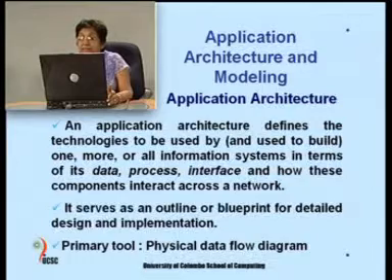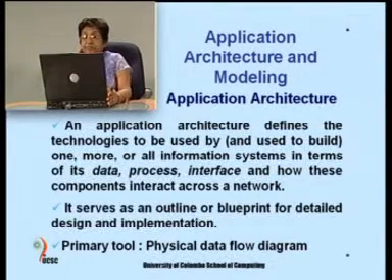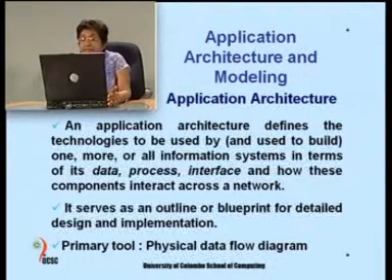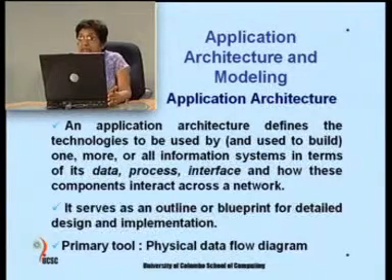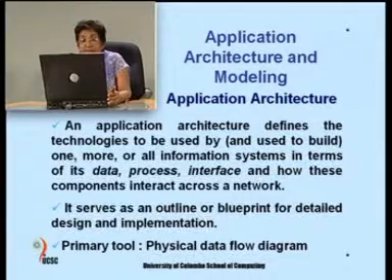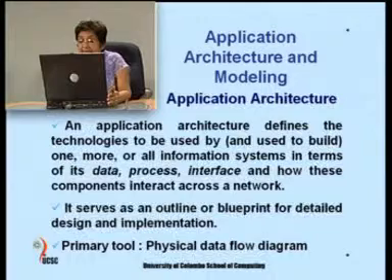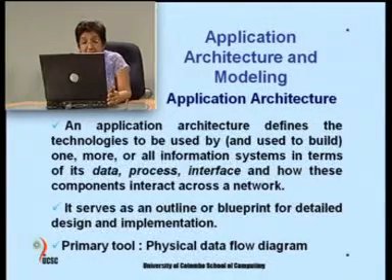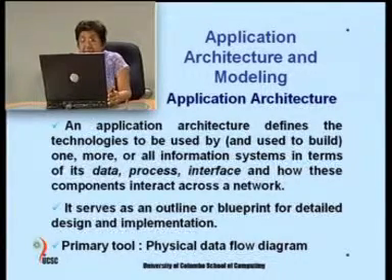The application architecture defines the technologies to be used by, and also used to build, one, more or all information systems in terms of its data, process, interface and how these components interact across a network. It serves as an outline or blueprint for detailed design and implementation.